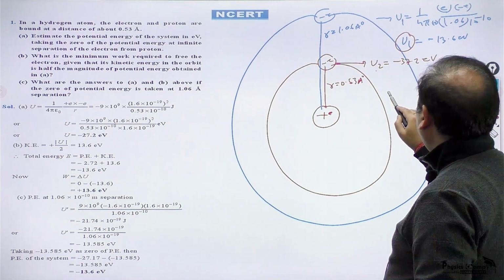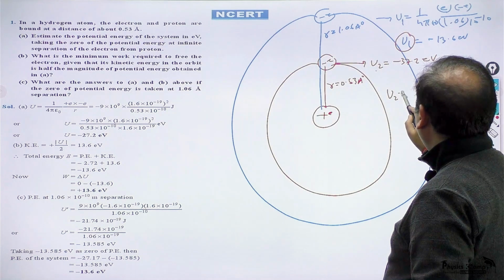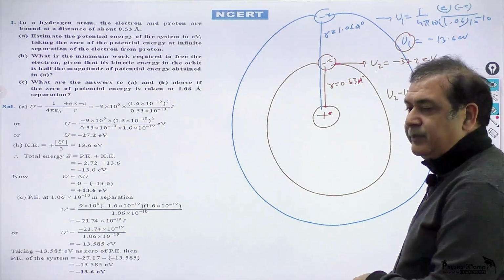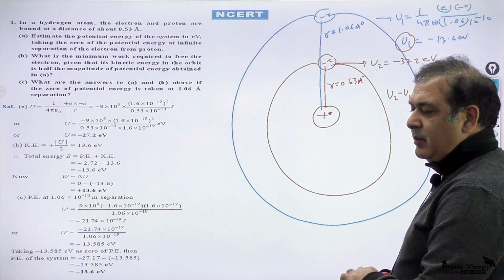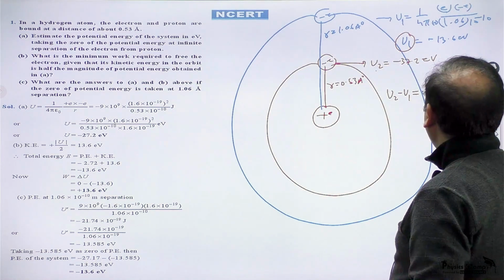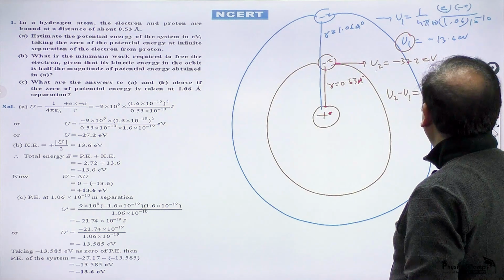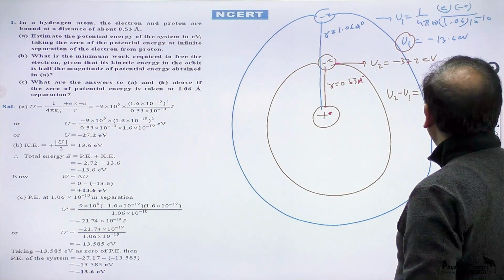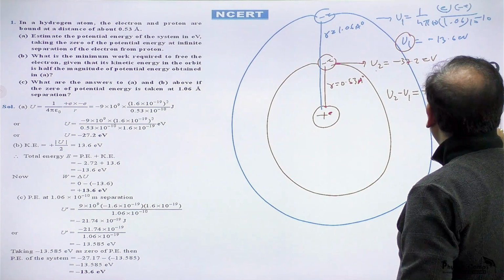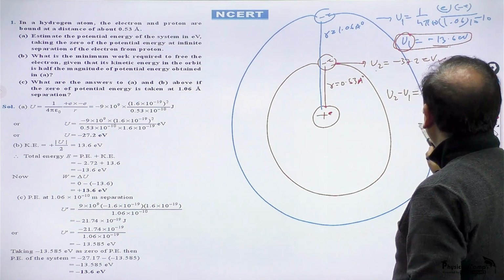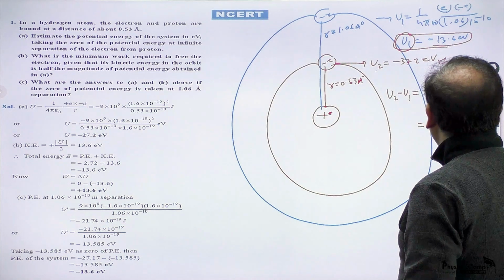So I would say U2 minus U1 would be now minus 37.2 electron volt minus 13.6 electron volt. If this is treated as 0, then how much is this? So your answer will be minus 13.6 electron volt.